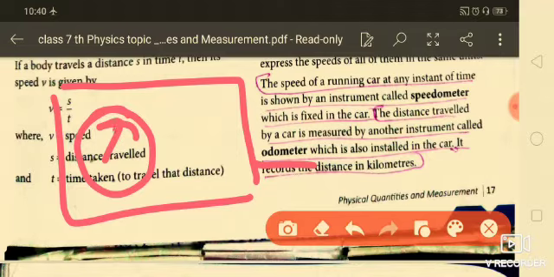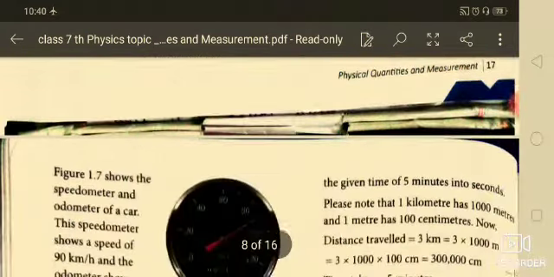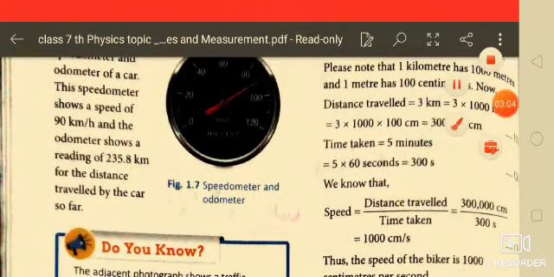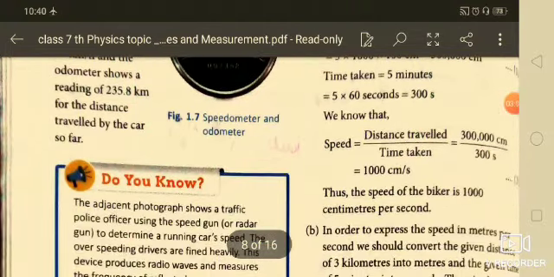This one is the speedometer, which tells that your vehicle is at 70 kilometers per hour, and the odometer tells us that this vehicle has traveled 17,000 or 18,000 kilometers. The speedometer tells about the speed of any moving object or car.